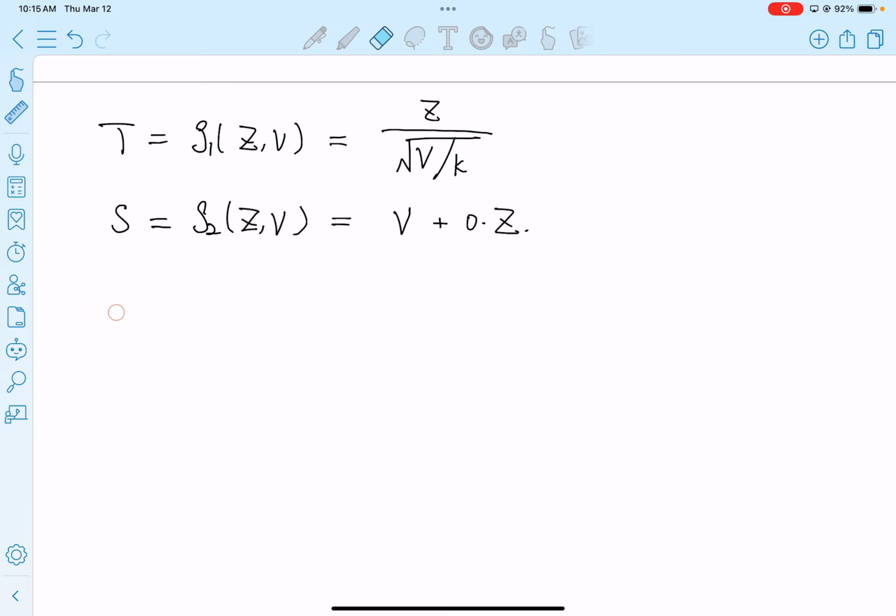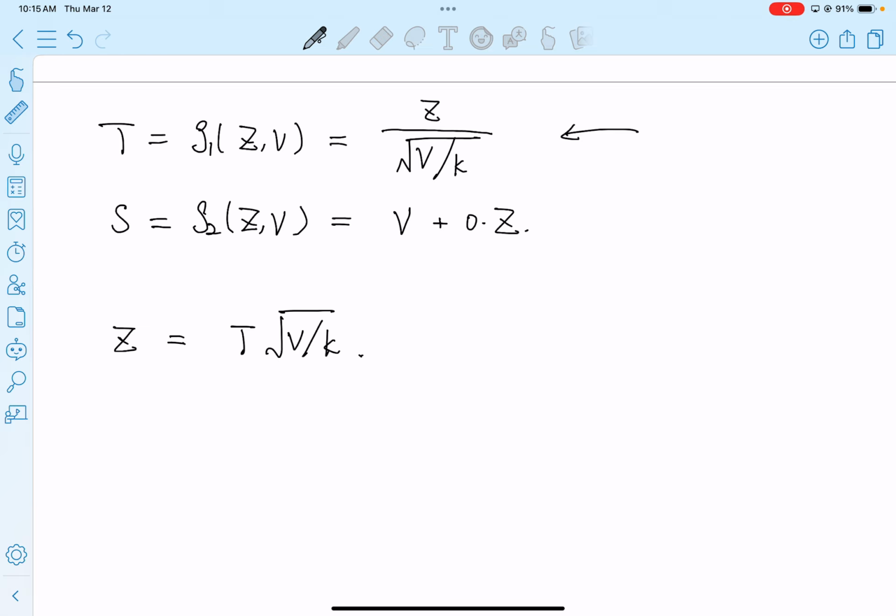So here, to obtain the inverse function, z is equal to t multiplied by the square root of v divided by k. Okay, so I'm just starting from this transformation by moving the z to the left-hand side and everything else to the right-hand side.